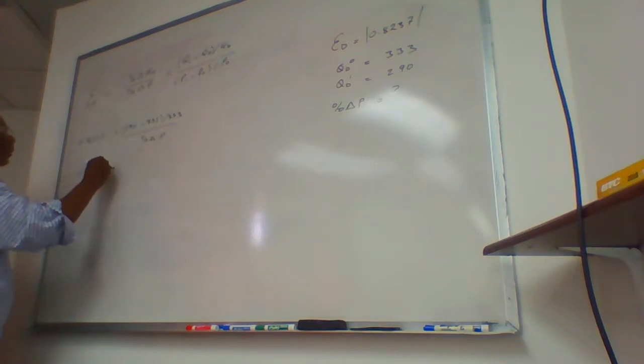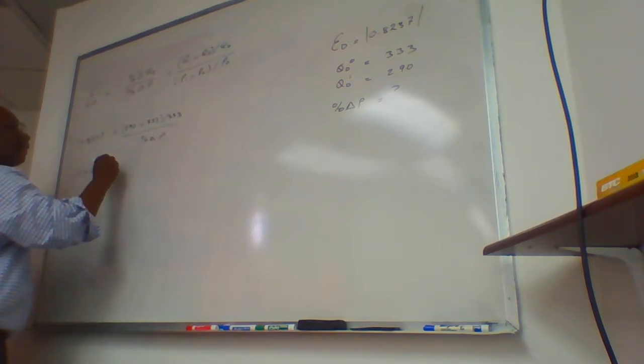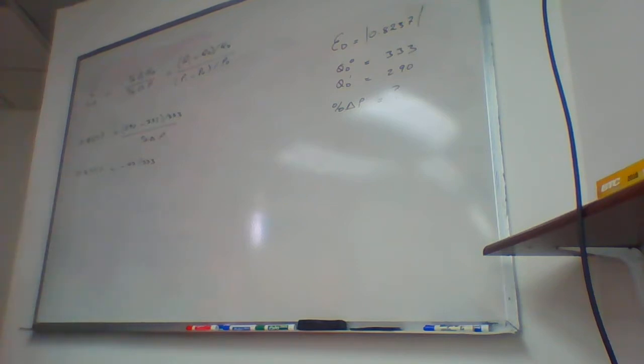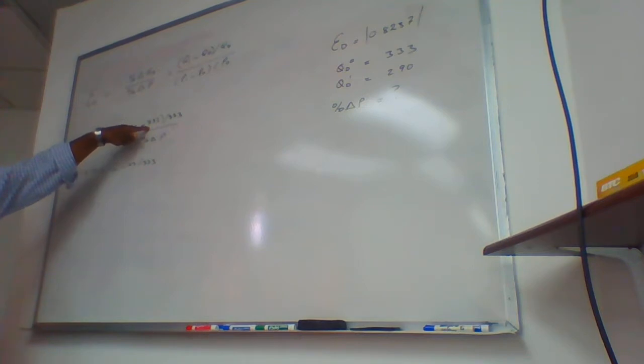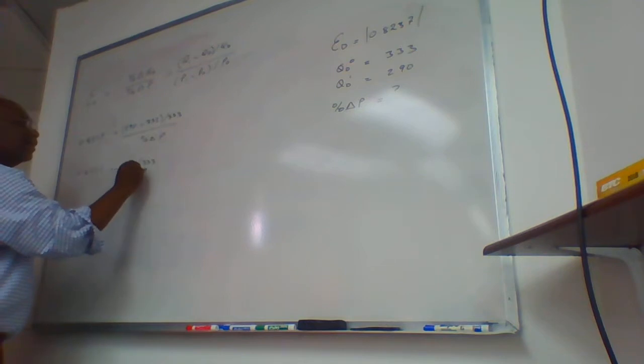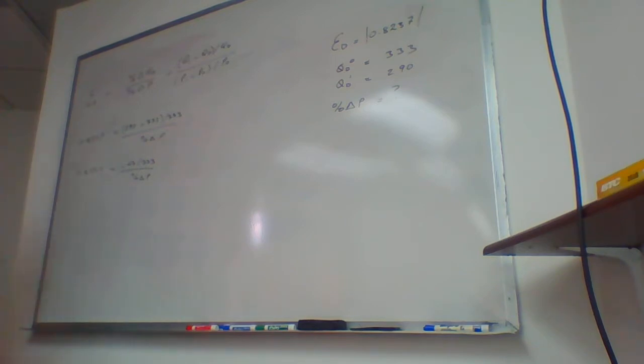All right, this part, 290 minus 333 is what? That's negative 43. All right. Divided by percentage change in P. So I'm still trying to solve my way.